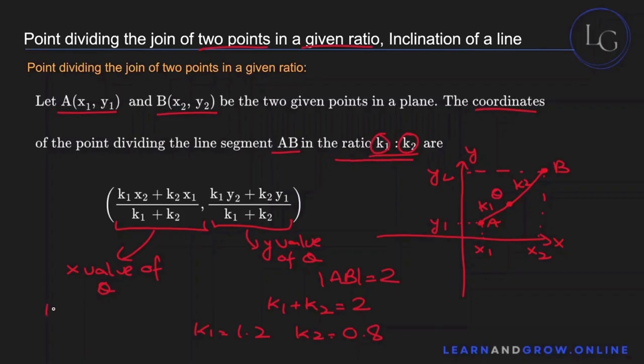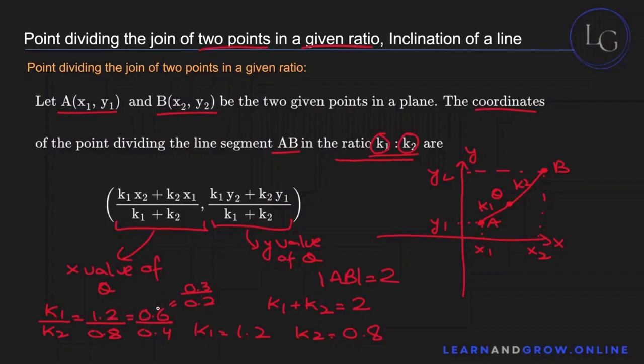So K1 divided by K2 is equal to 1.2 divided by 0.8, which is also equal to 0.6 and 0.4, if you divide both of them by 2. And this can also be equal to, if you divide it further by 2, 0.3 over 0.2, right? These are all the valid ratios for this.